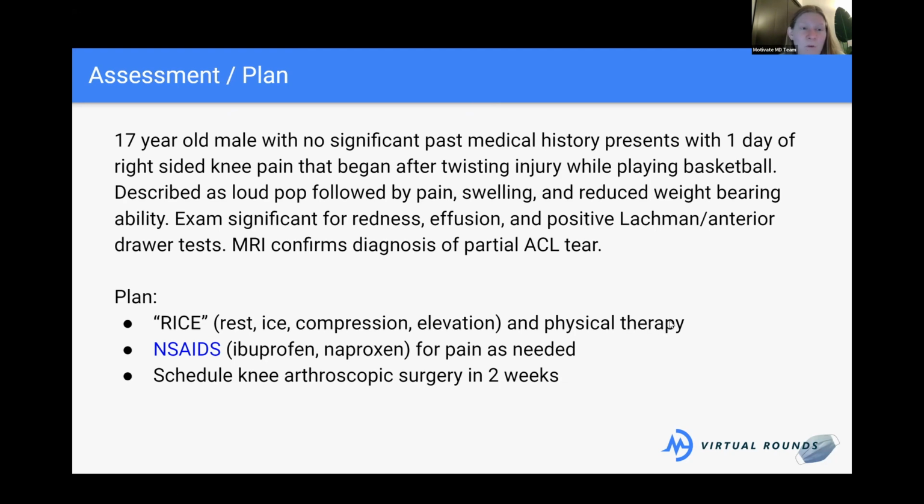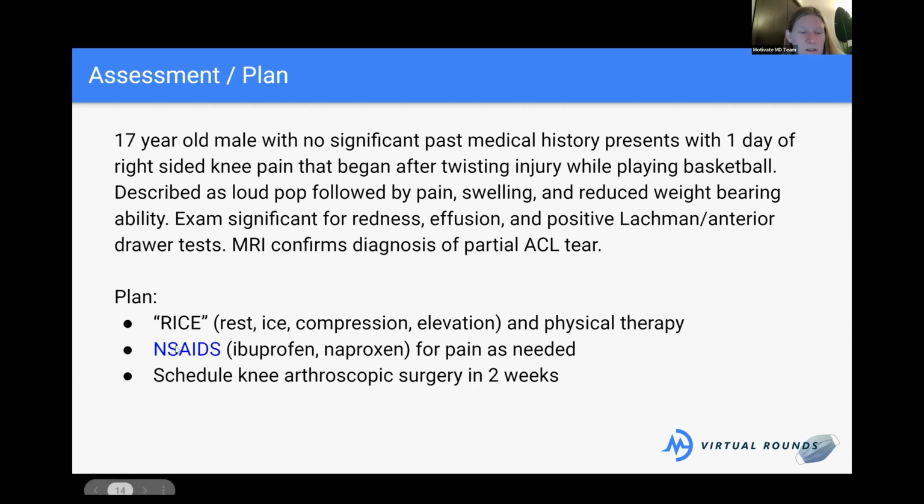And then for pain, we can also have him continue taking the NSAID. He's been taking ibuprofen in the last day, and that's the first line treatment for musculoskeletal injuries because it helps both pain and inflammation. I'll go through a little bit of the pharmacology of how that works and the side effects at the end of the presentation.